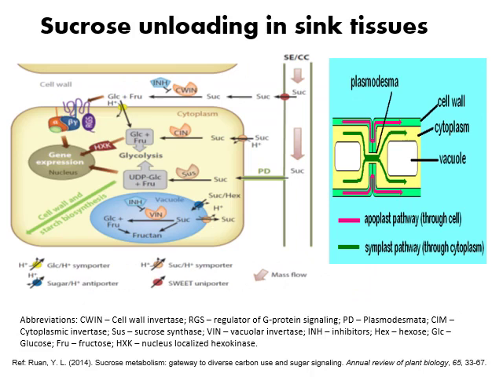Now coming on to the unloading part, sucrose unloading in the sink tissues. What you'll see here is once the sucrose reaches the tissues which require it as a source of energy, these are tissues which are not able to synthesize organic carbon because they are non-photosynthetic tissues.